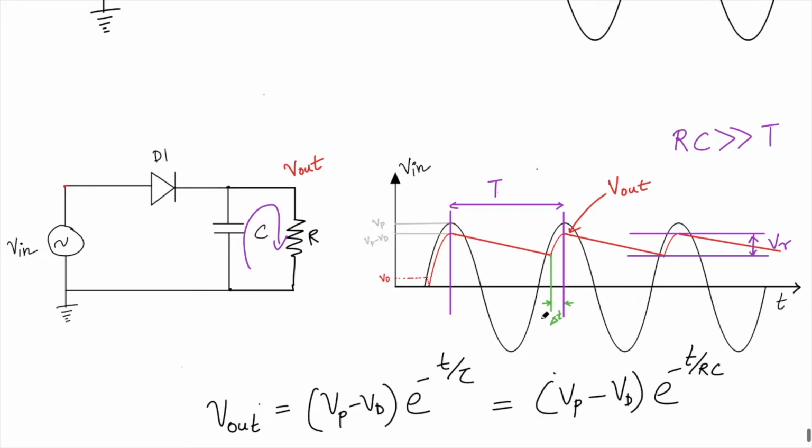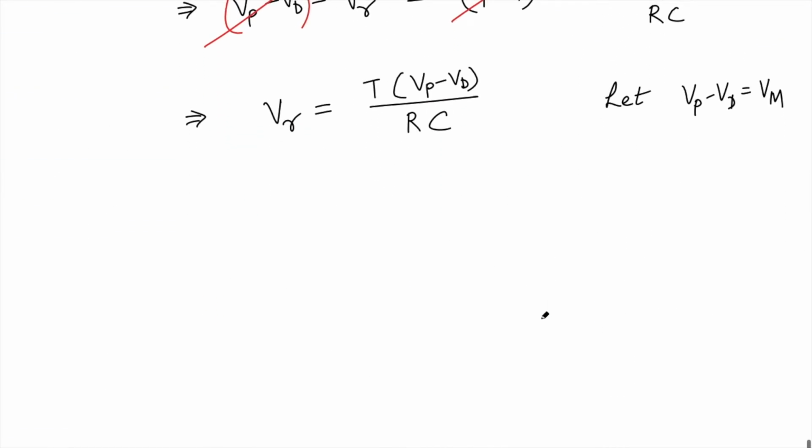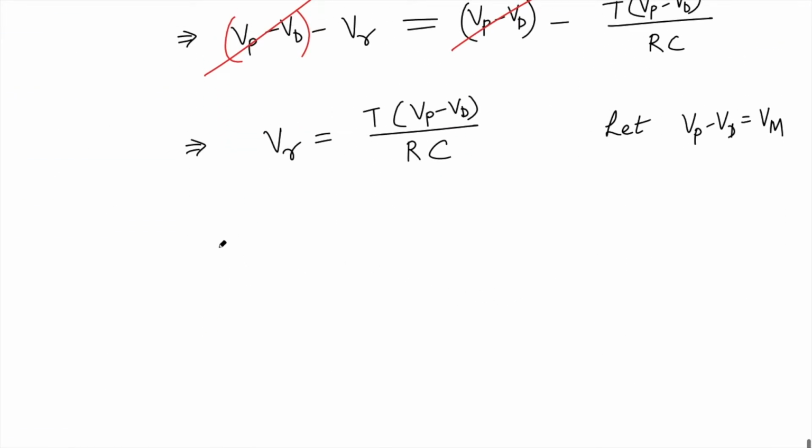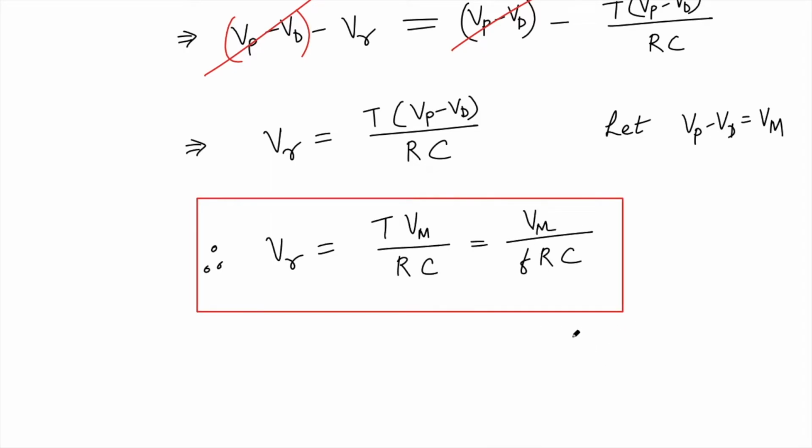So therefore my VR is equal to T times VM by RC, or equal to VM by fRC. Okay, so this is the final expression of the ripple voltage.